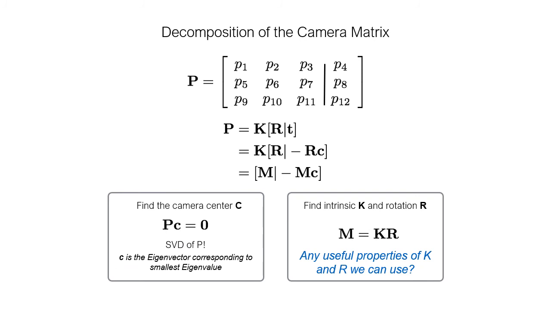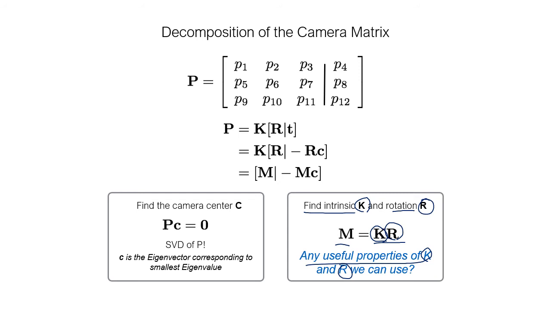Then we want to find the intrinsic matrix K and rotation R. So as I said, M is equal to KR. So M is the multiplication of intrinsic parameters and the rotation matrix. So are there any useful properties of K and R we can use?